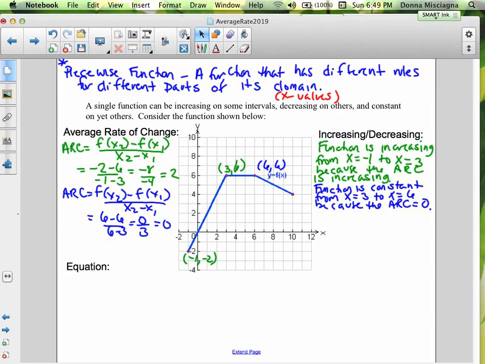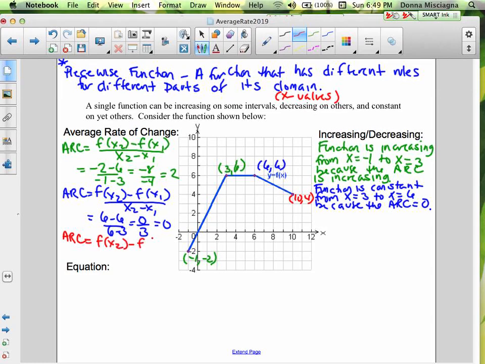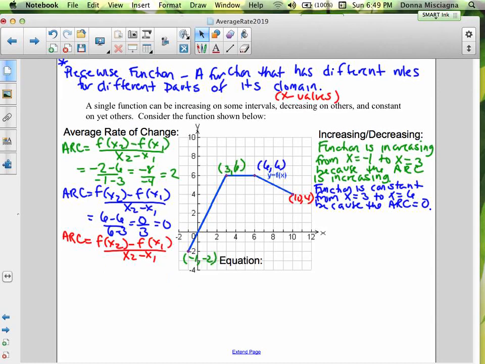All right, now let's find the last part. We're going to go from 6, 6 to 10, 4. And so average rate of change is the difference in the y-coordinates over the difference in the x-coordinates. Don't really need parentheses. I'm going to move this a little bit. We'll put that over there.